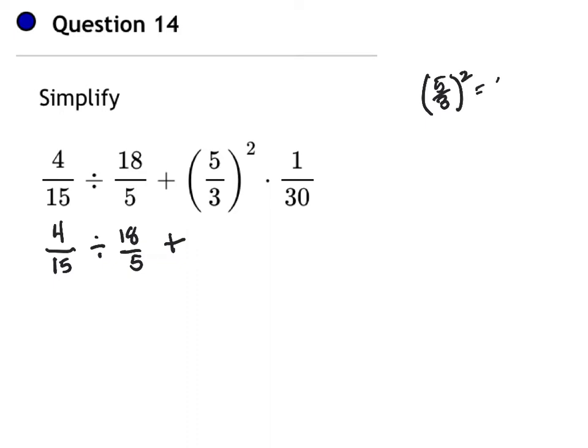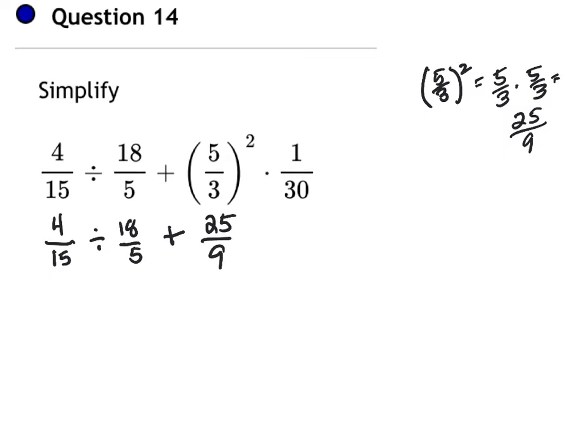So that means 5/3 times 5/3. Don't cancel anything, multiply across. 5 times 5 is 25, 3 times 3 is 9. So that's going to be 25 over 9. Now notice, there's a plus and there's a times, so I don't have to keep it in parentheses. And then I'm going to bring down my 1 over 30.